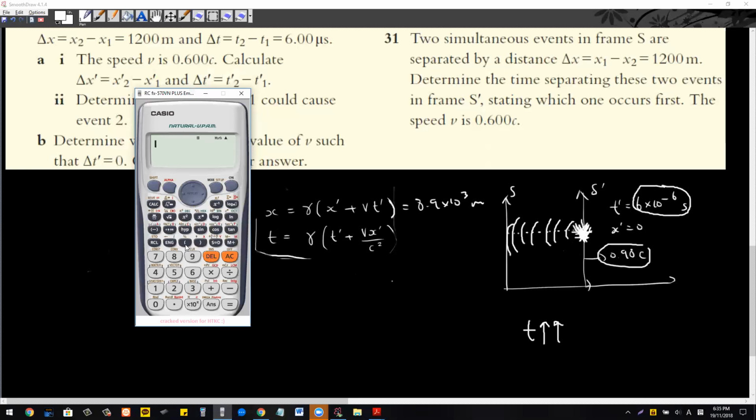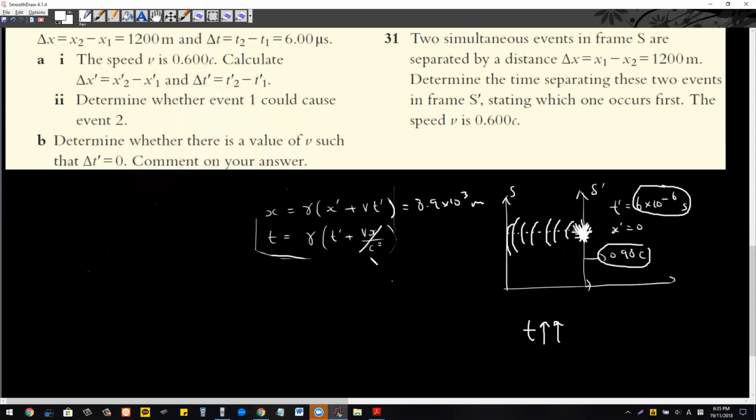So 6 times 10 to the power of -6, and then you go plus a fraction. The velocity is 0.98 times 3 times 10 to the power of 8. That's the velocity times the position, which is 0. Oh, that's 0 anyway, right?